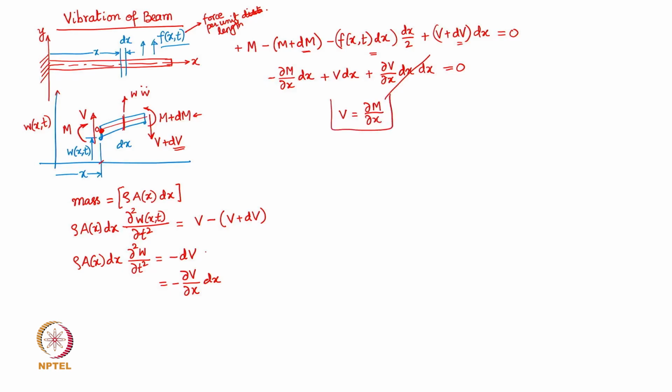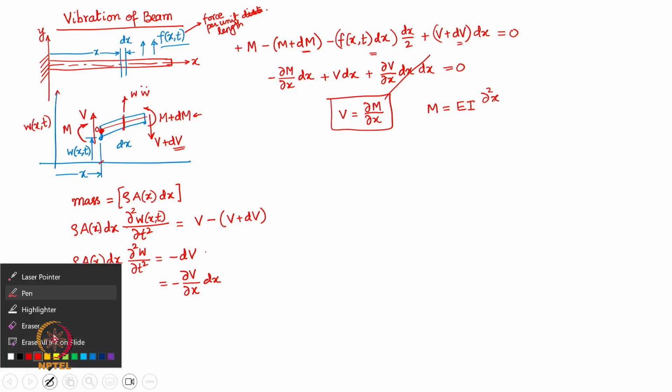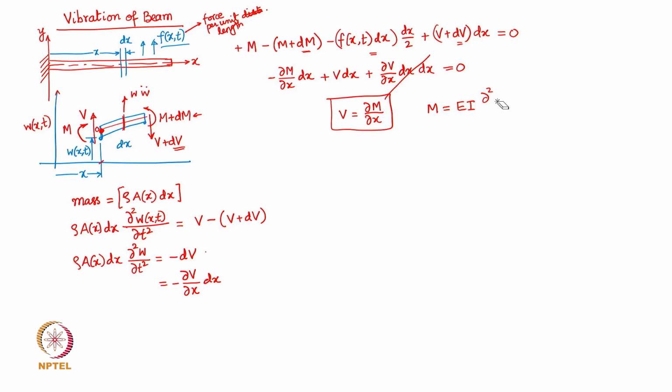So that's the relation which we are all aware of, nothing great in this, but we also know the bending moment is related to the lateral deflection through this expression, keeping it consistent with the parameter we have here, which is w. This is basically the well-known relationship that you are aware of.